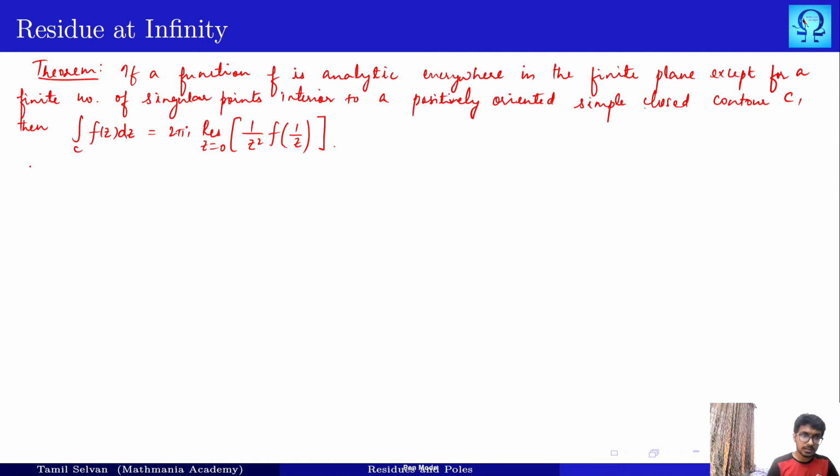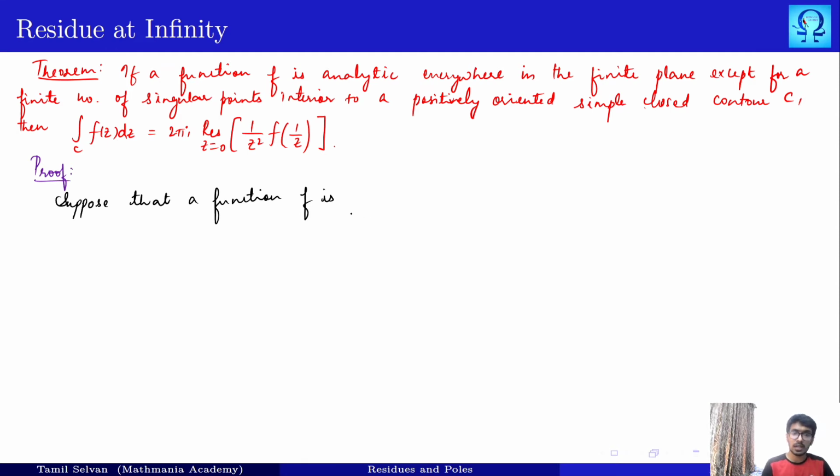Now let us see how to proceed with the proof. Suppose that a function f is analytic throughout the finite plane.